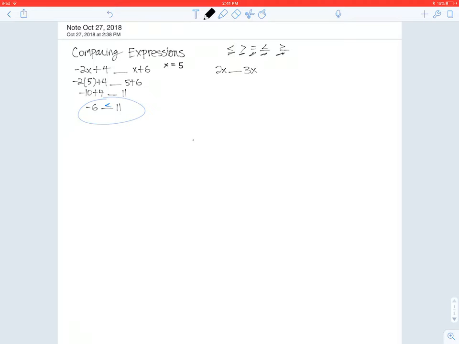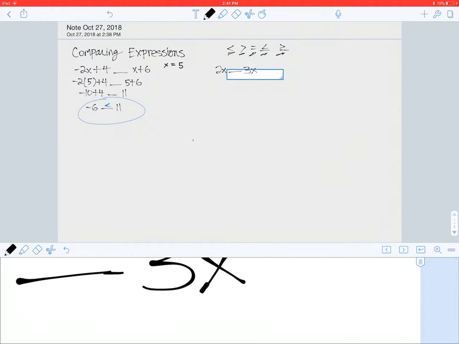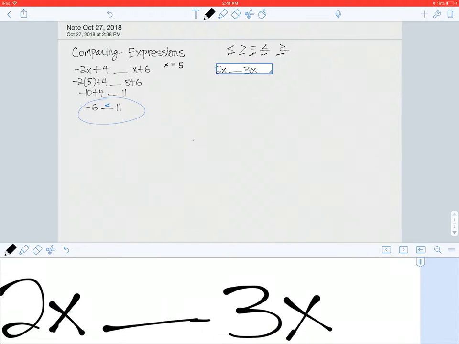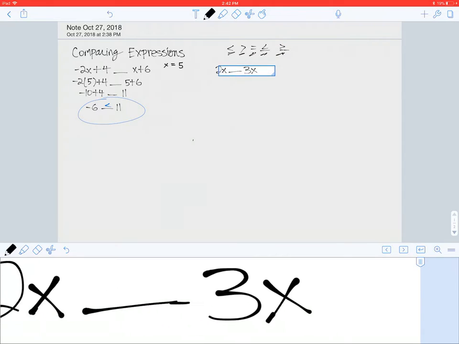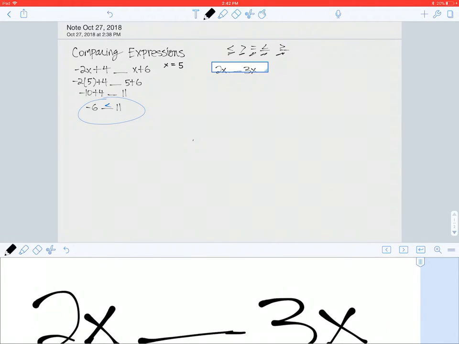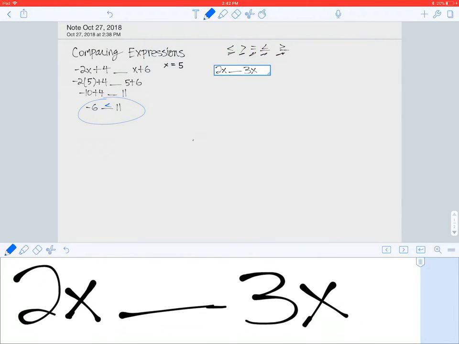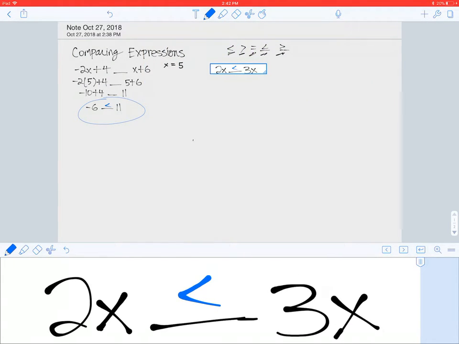So here's something interesting about these. If you don't need to have any certain evaluation and know which one's greater, here's what we can do. Most people would just look at the coefficient and say, oh, 3x is greater than 2x. Okay, that's a fair assumption.